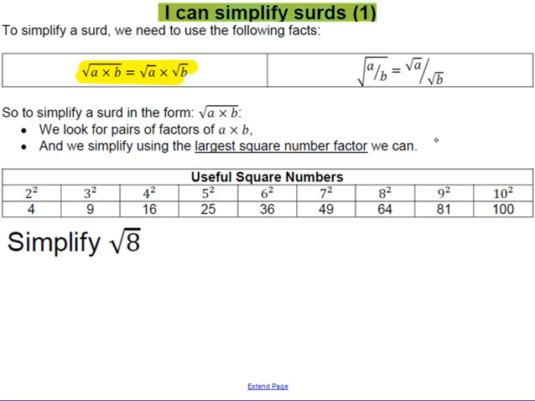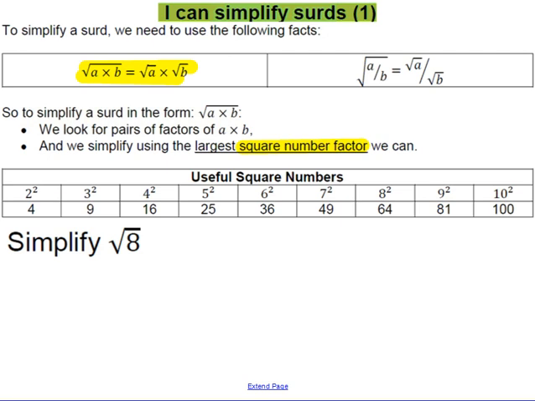We look first of all for any pairs of factors that give you the number a times b. And specifically, we are looking for the largest square number factor that we can find. The reason why we want to use square number factors is because if I know the root of a square number, I can immediately say what that square root is.